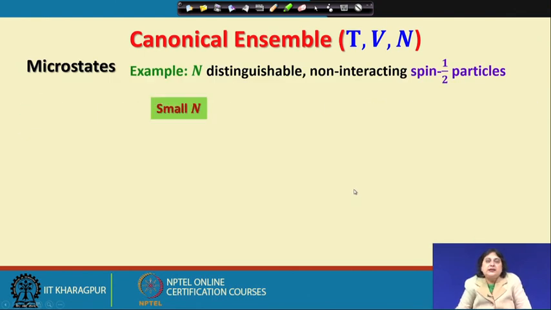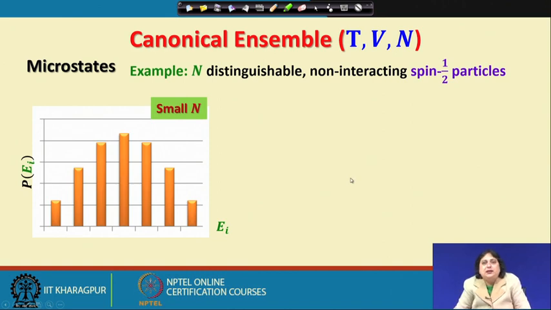Next, let us choose a small n, something like n equal to 6 or so. Then what we find is that if I look at the possible values of the total energy of the system and I plot along the y axis the associated probability of observing the system at these energy values in contact with the thermal reservoir, then this is the kind of distribution that I will get.